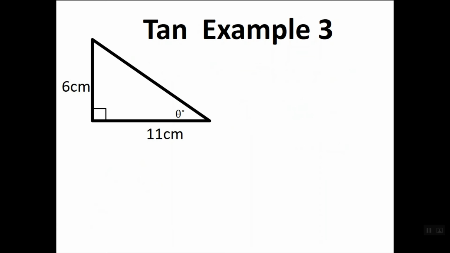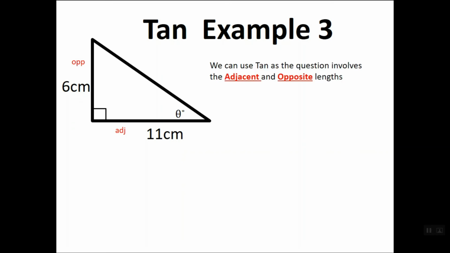And my final example for this video, guys, is linked to tan. Again, even though we know it's tan, I'd recommend keep labeling your sides. So that 6 centimeters represents my opposite side, and that 11 centimeters represents my adjacent. We can use tan as the question involves the adjacent and opposite lengths.